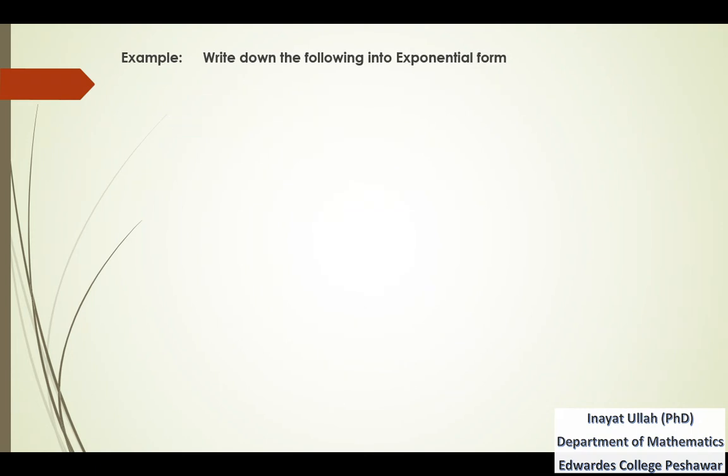Now in this example, we will write these logarithmic forms into exponential form. In the previous example, we converted the exponential form to log form, and now in this example we will convert the log form into exponential form.